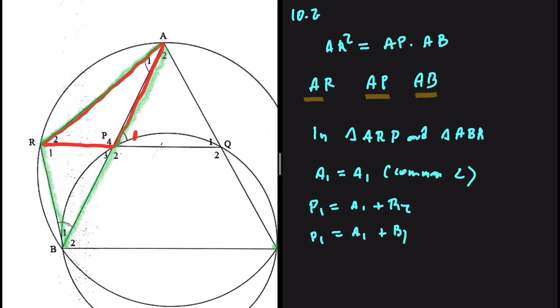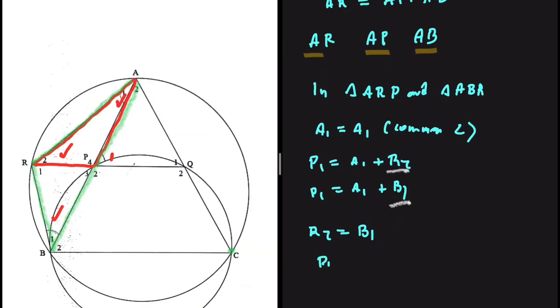We were actually asked to prove that, and we were able to prove it at the end. If P1 is equal to A1 plus R2 and P1 is equal to A1 plus B1, then that tells us that R2 is equal to B1. We can clearly see that R2 is equal to B1, and angle A is common.